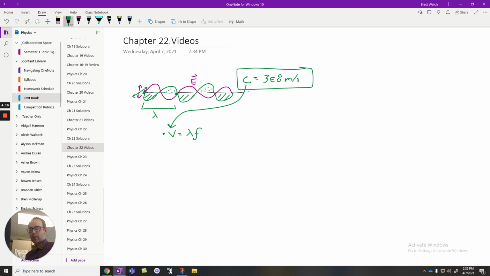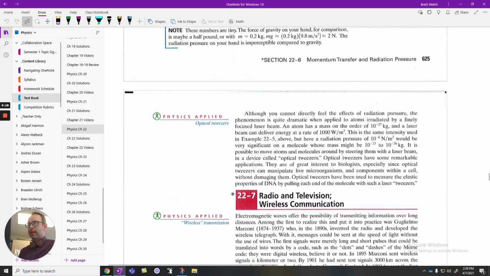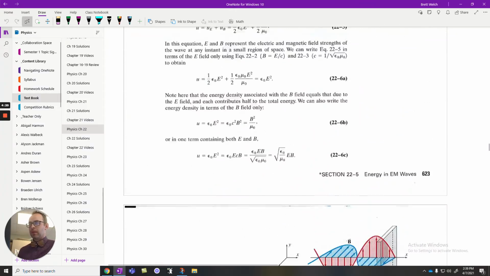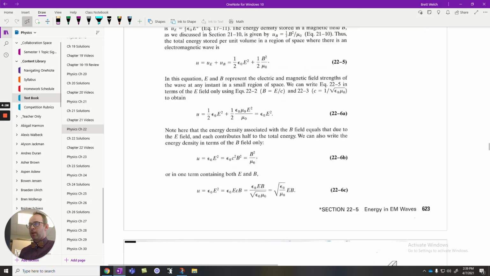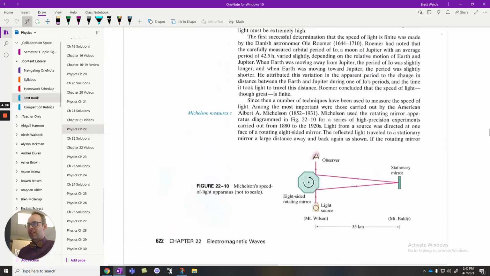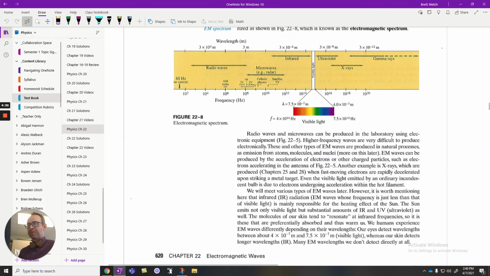One other thing I wanted to show you in the text, just to give you a basic idea of how it's related. You can see these drawing examples of in and out of the page, up and down. They're hard to draw in a two-dimensional surface. But right here, we can see that the electromagnetic wave spectrum is huge.